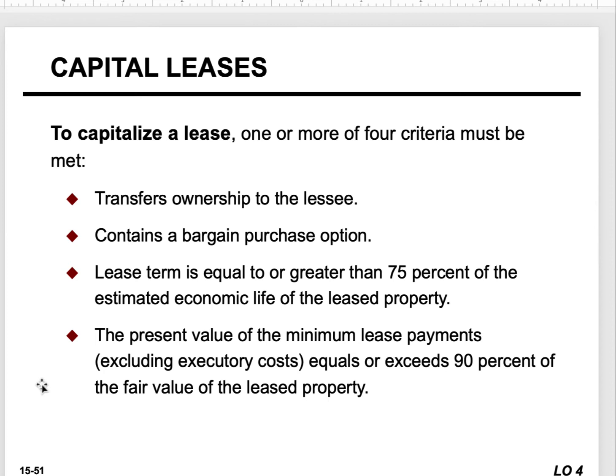I'll explain this when we look at the next slide, but for right now, you've got to know the four criteria. One of them has to be met. If none of these criteria are met, guess what? It is an operating lease, not a capital lease, okay?